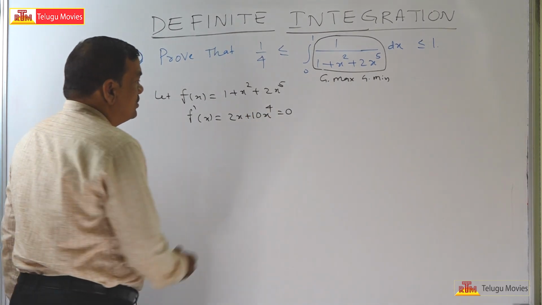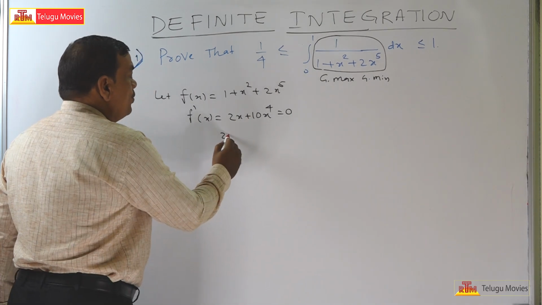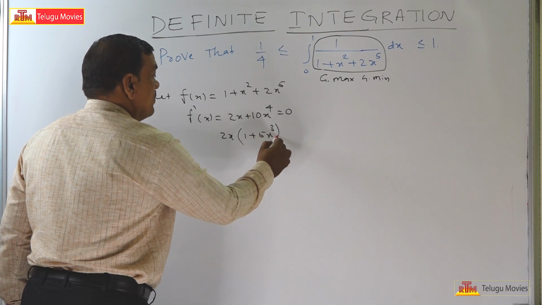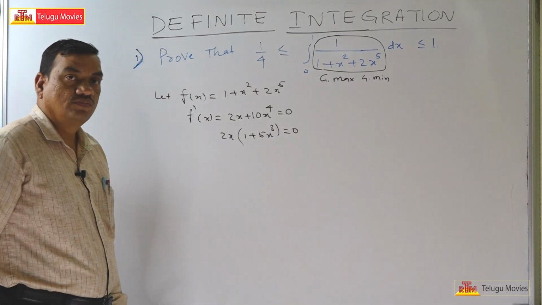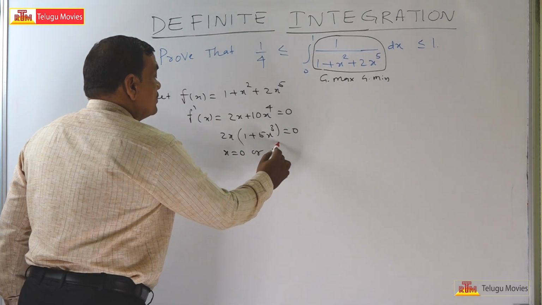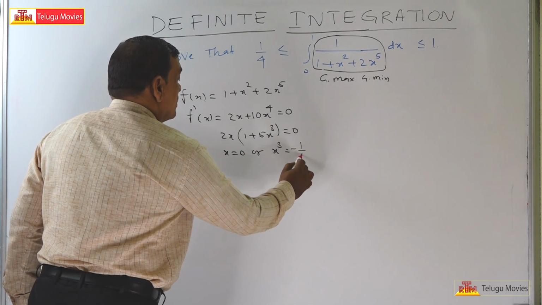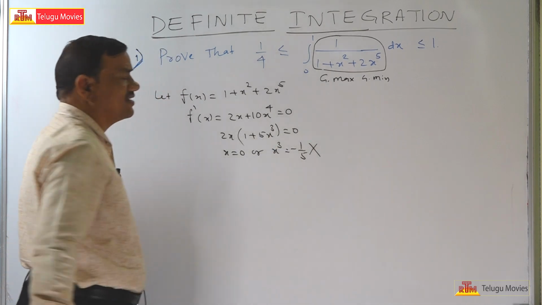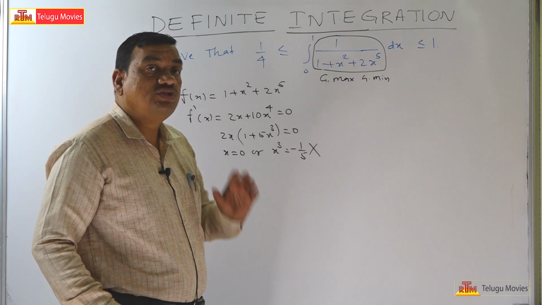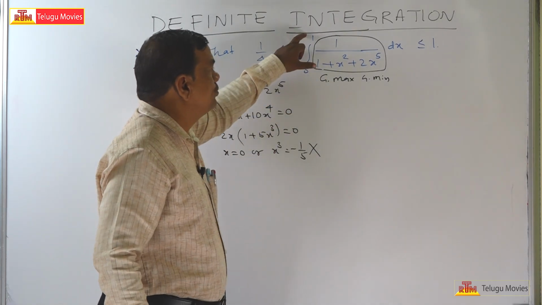We can take 2x common outside, so this is 2x into 1 plus 5x cube equal to 0. So x is equal to 0 or x cube is equal to minus 1 by 5. This value we can discard.